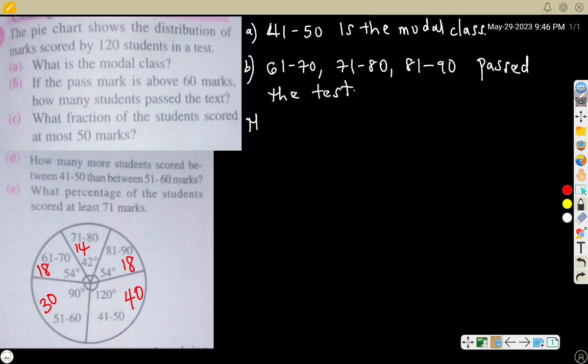So remember we have shown working for the number of students. That will be part of your solution before you start A, B like that.